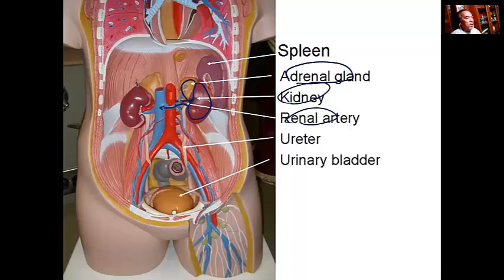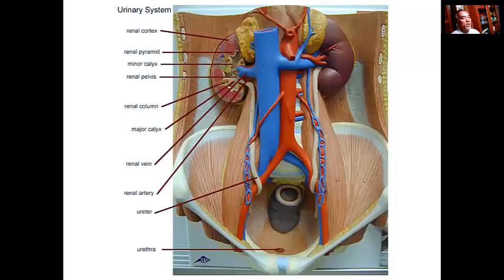The connection of the kidney to the bladder is called the ureter, and the bladder is where urine is stored, to later be urinated out through the opening called the urethra. All right, so these are the structures that we're going to be looking at.